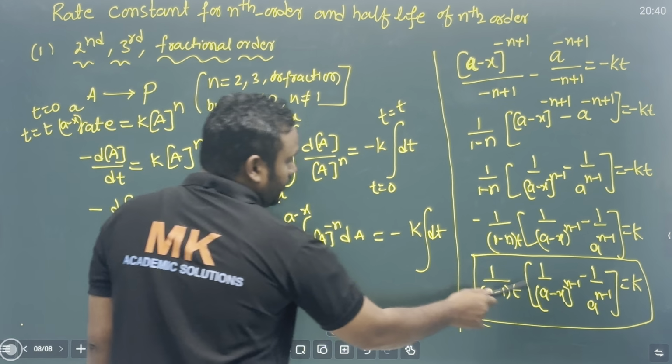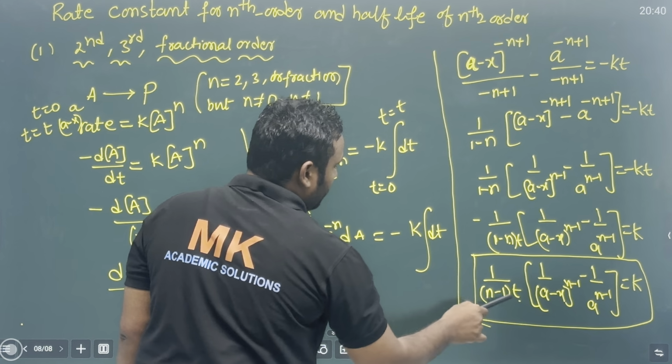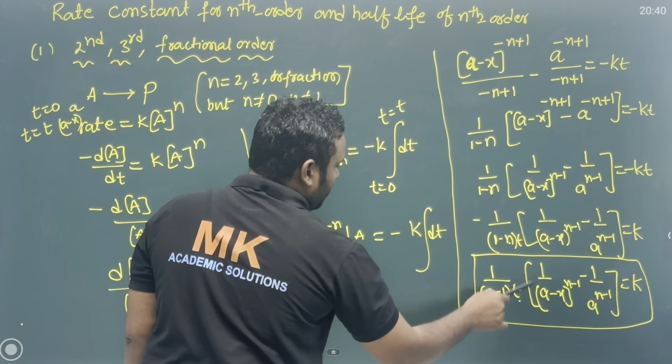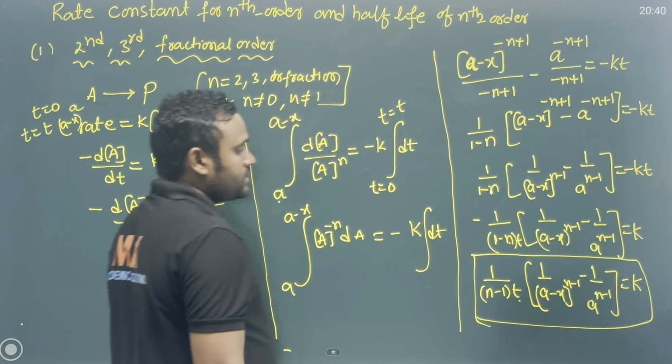That is k is equal to 1 by (n minus 1) into t, into 1 by (a minus x) power n minus 1, minus 1 by a power n minus 1.